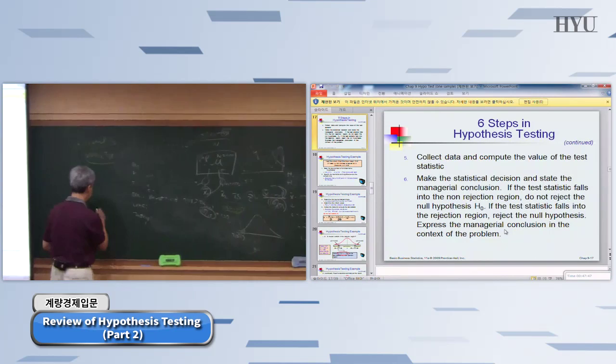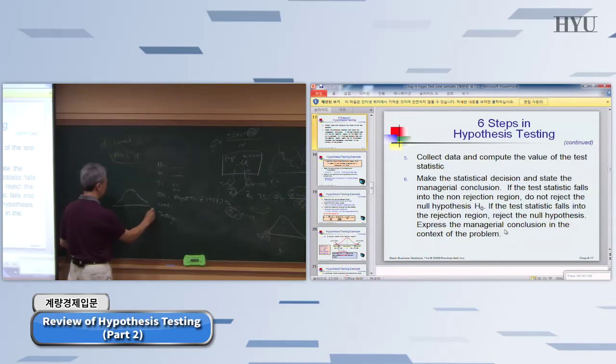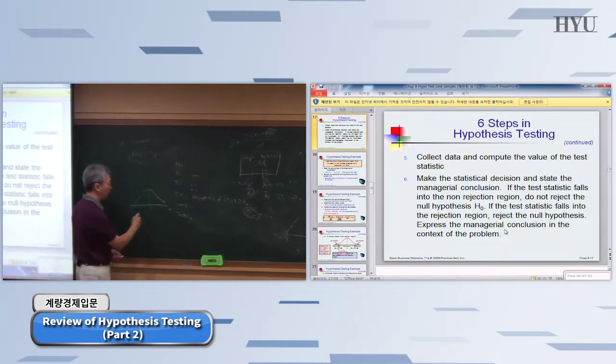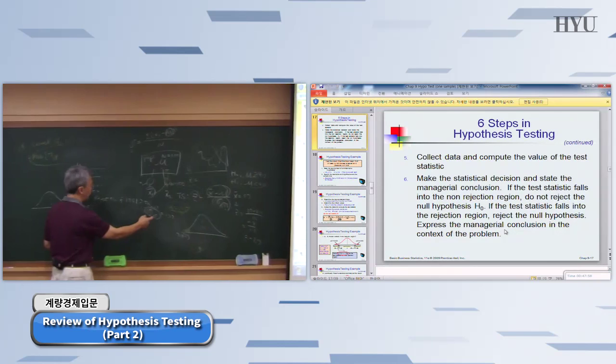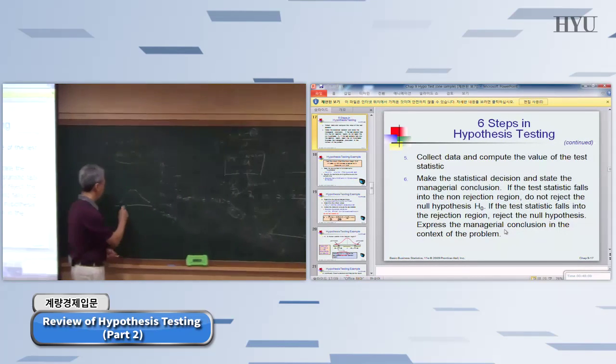we have a t distribution, and you found out, considering your alpha level and the degrees of freedom, your critical t happens to be negative 1.27 and 1.27.